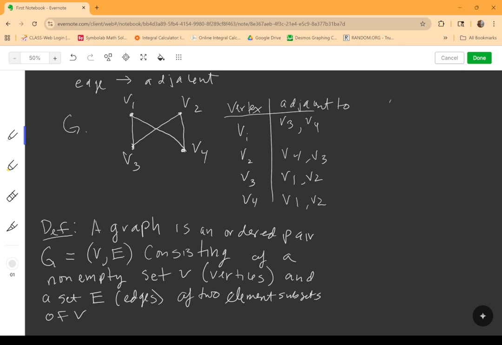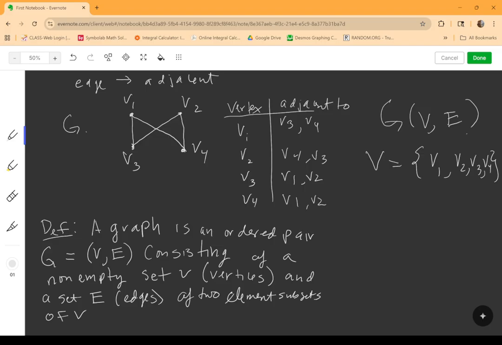if we want to define G as this ordered pair (V, E), it's two sets. The V is the straightforward one, I just list the vertices. Now this set E is a set of sets, and each set consists of two elements.